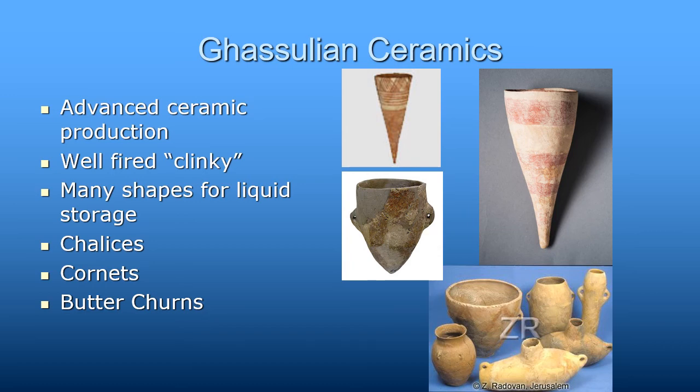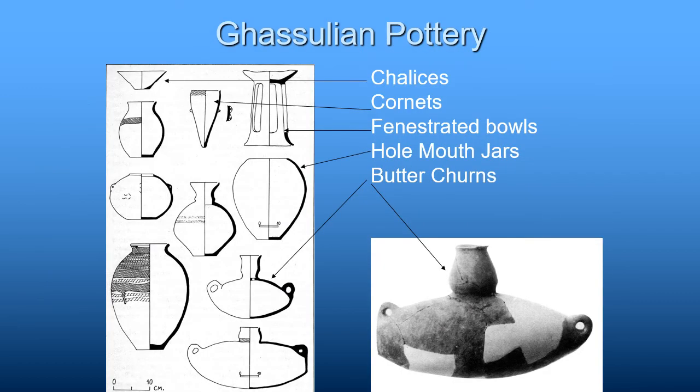But there are three vessels that really stand out. That's chalices, these small bowls with tall bases, often with fenestration, so they've got holes cut into the bases, as you can see here. They kind of look like wine glasses or champagne glasses.